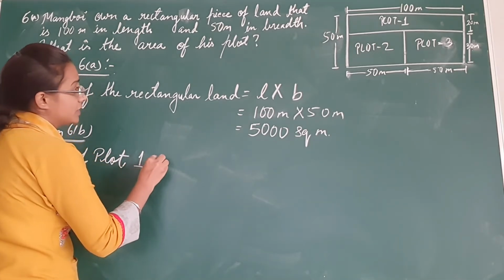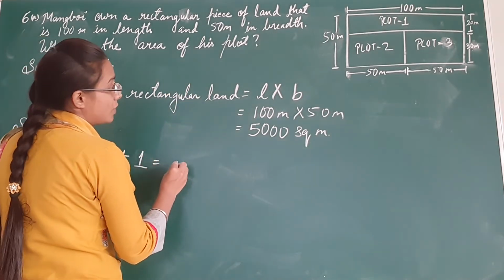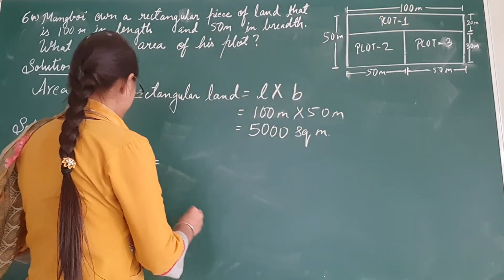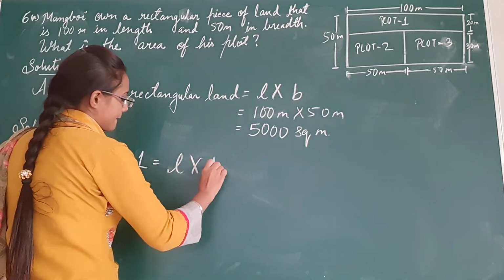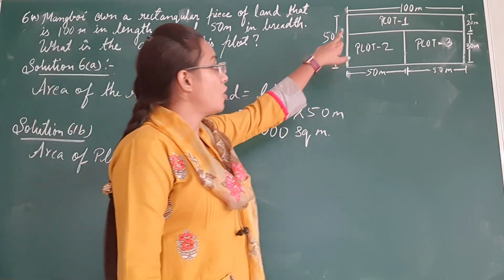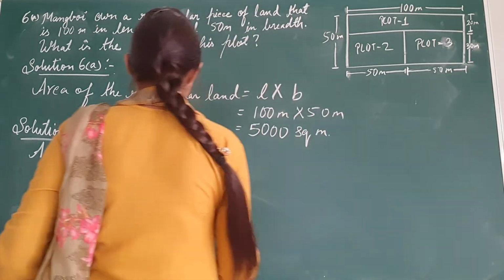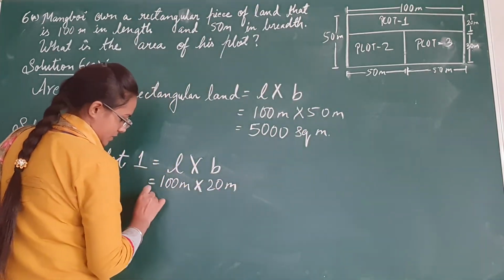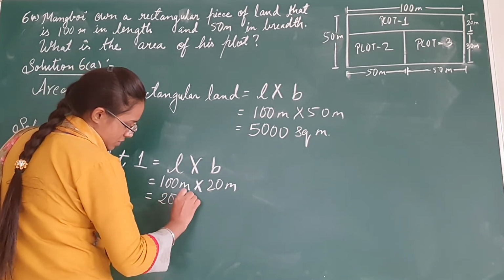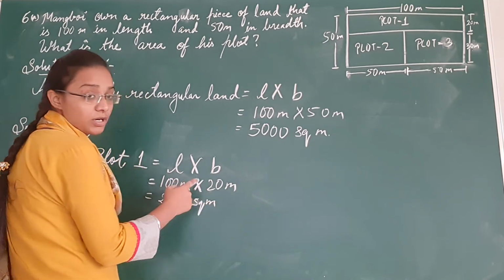So area of plot 1 is equals to the length of plot 1, which is 100 meter, into breadth of plot 1. Breadth of plot 1 is 20 meter, so you will write here 20 meter. So this will be equals to how much? 2 ones are 2, then 1000. 2000 square meter is the area of plot 1.